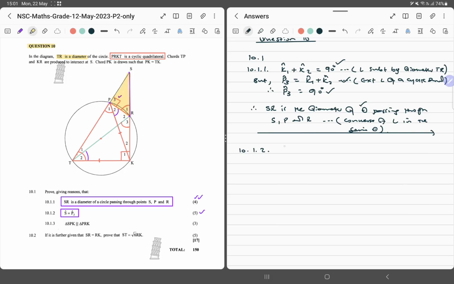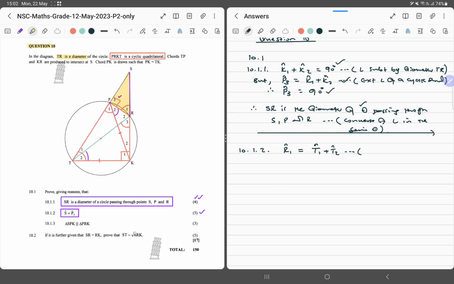We'll start by saying, well, first we need to make the connections, right? Let's start making the connections. We know that angle R1 is equal to angle T1 plus T2.